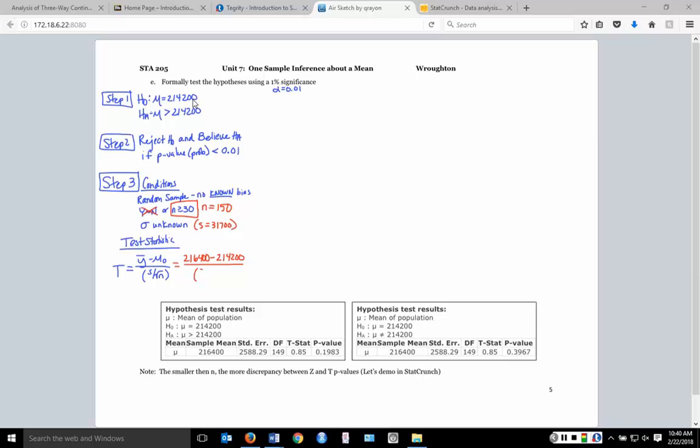Our sample standard deviation was $31,700, and we sampled 150 houses. So then doing the math there, we get $2,200 over. Our standard error here is 2,588.29, which gives us a t of 0.85.